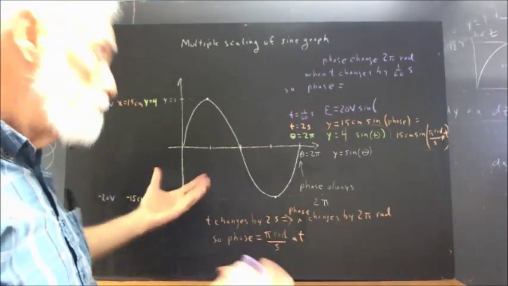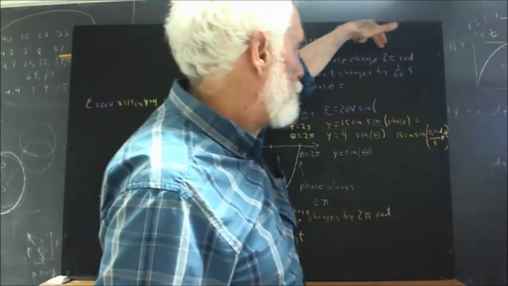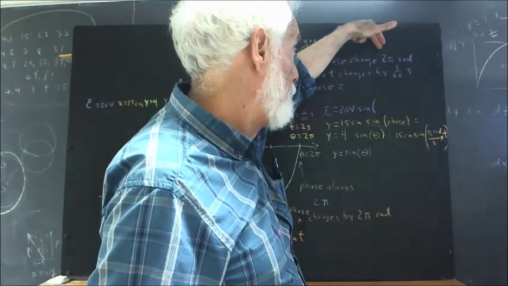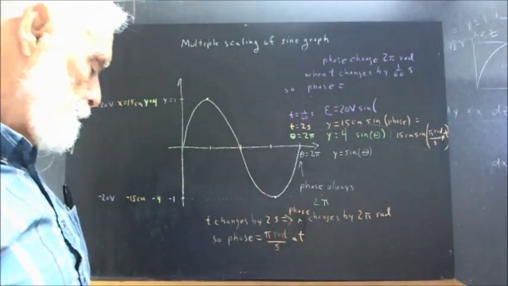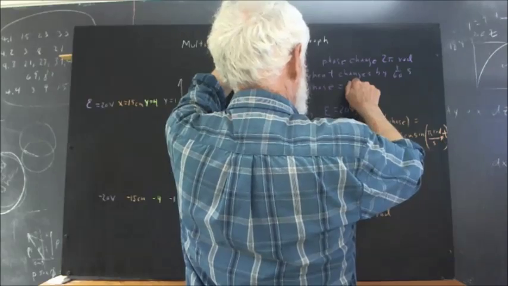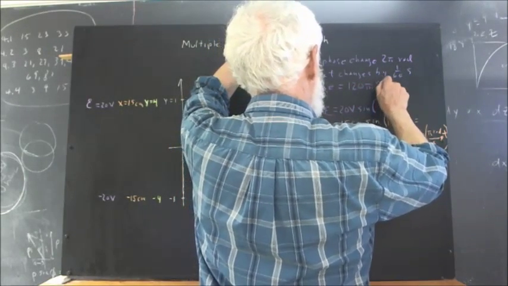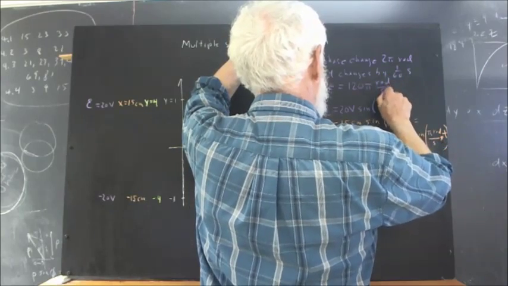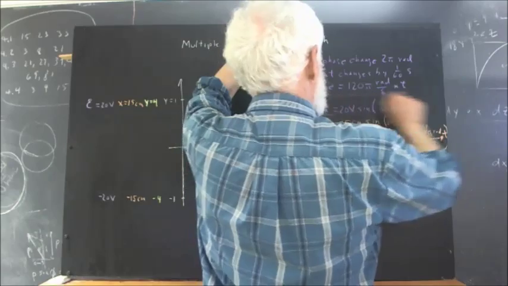Okay, think about it. What would drive us through 2 pi radians of angle in 1/60th of a second? You can do this by inspection. There are other ways to do it. But I'm just going to say the phase is 120 pi radians per second times t.